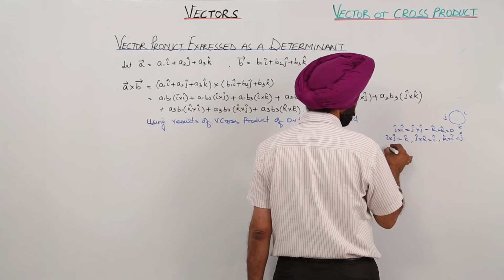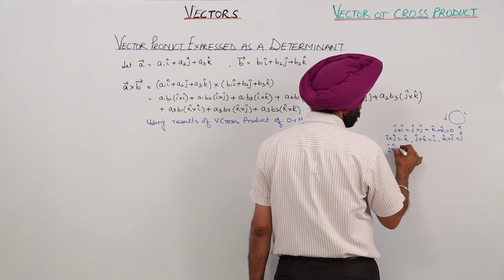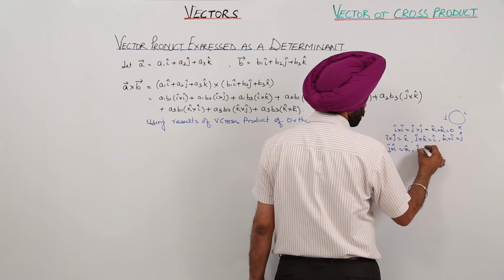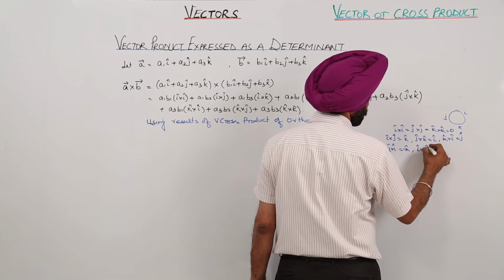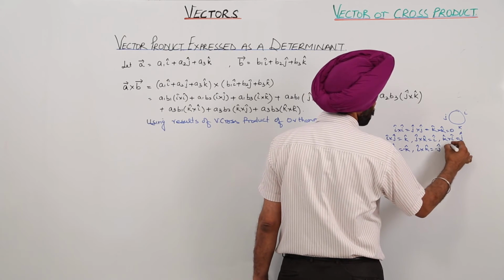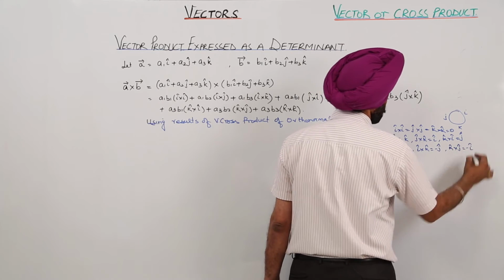And then j cap cross i cap was negative of k, i cap cross j cap negative of j cap, and k cap cross j cap negative of i cap.